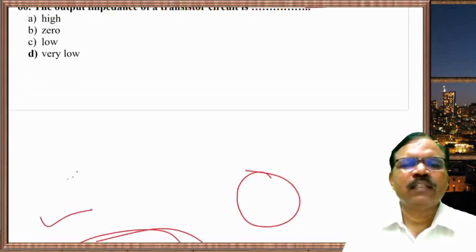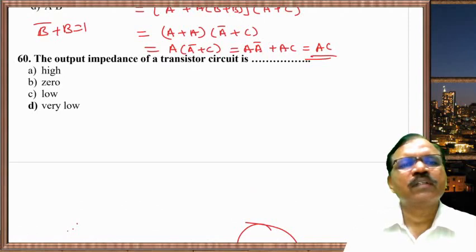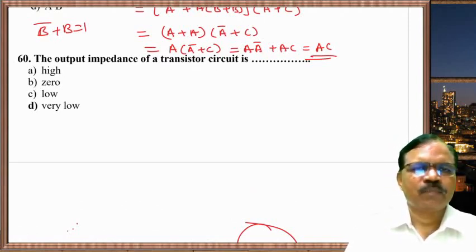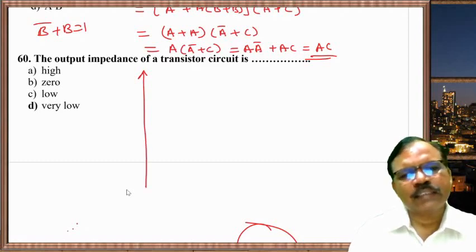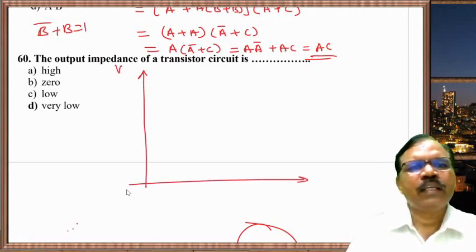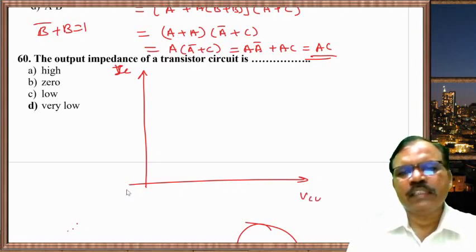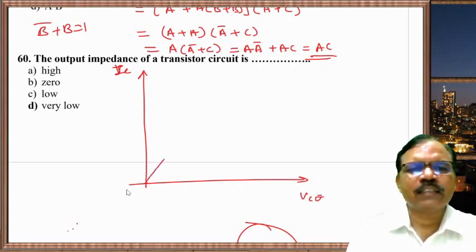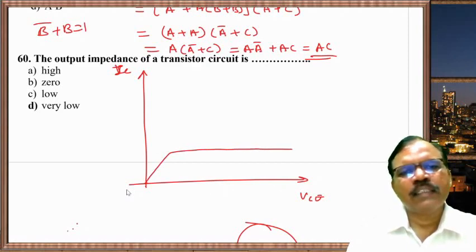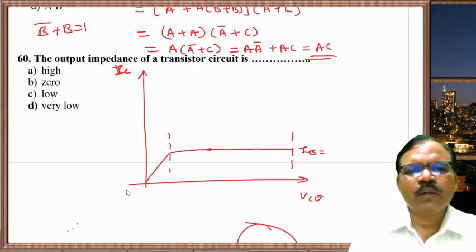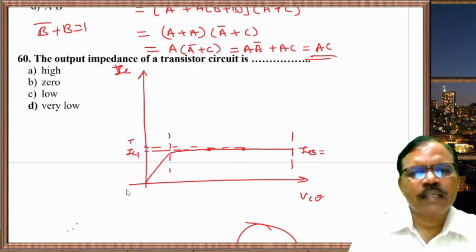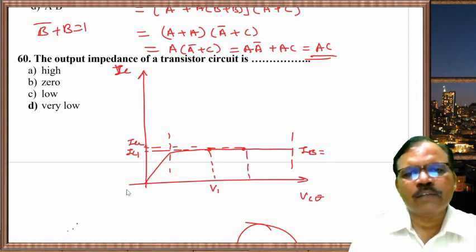Now the next one: the output impedance of a transistor circuit is. We have seen the output characteristics, IC versus VCE. Suppose we take one characteristic, and this part is in the active region corresponding to some IB. If we take two points here, corresponding to this point we have IC1 and corresponding to this point we have IC2, and here V1 and here V2.